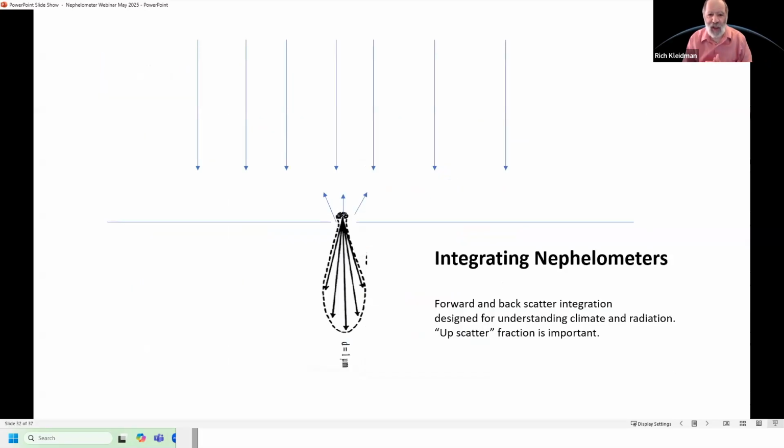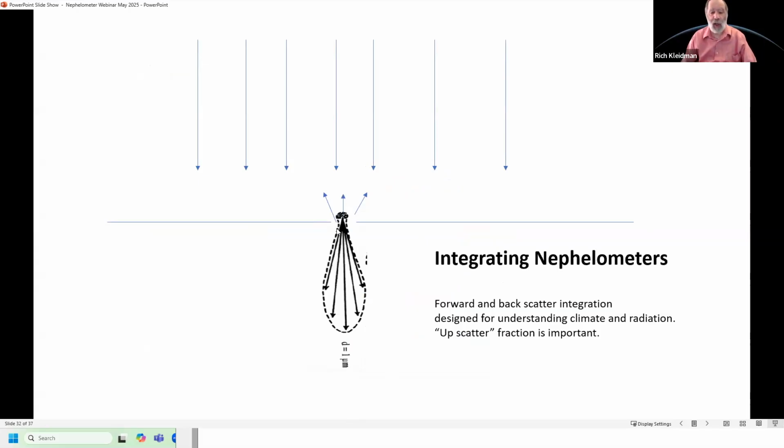One more thing that I only learned very recently. One of the reasons that this whole development or division into forward and back scatter had to do with climate. If you've got your downwelling radiation and you've got your particle here, you want to know how much of your downwelling radiation is going to transmit through the atmosphere and get to the surface.